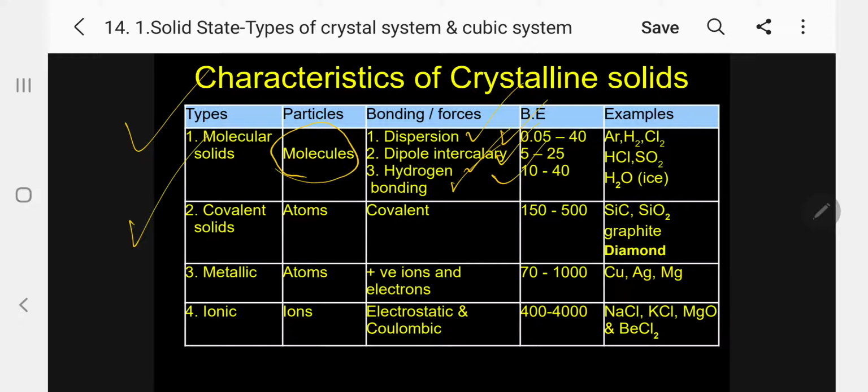Number 2, covalent solids. Atoms are the particles, and covalent bonding is the force acting in the covalent solid. The binding energy is 150 to 500 kilojoules. Examples: silicon carbide, silicon dioxide, and graphite and diamond are examples. Number 3, metallic solids. The atoms are the particles.